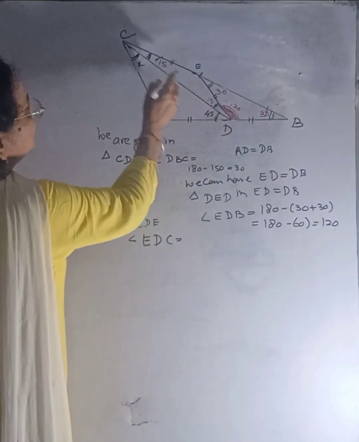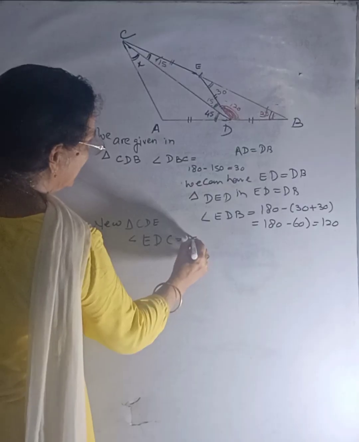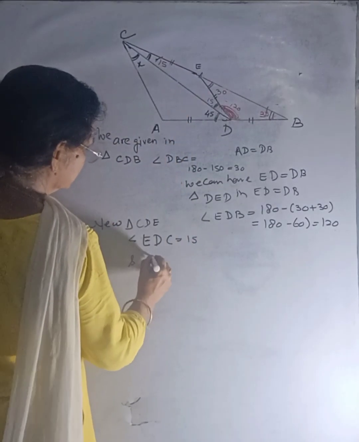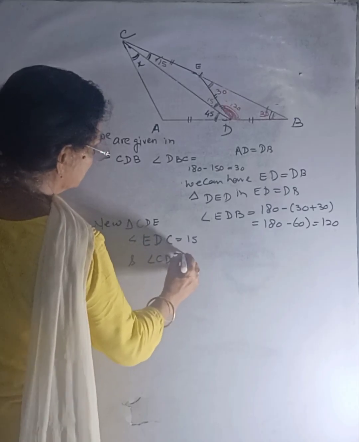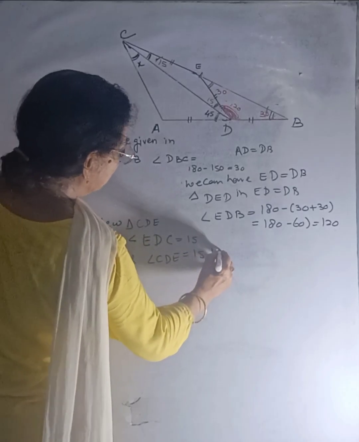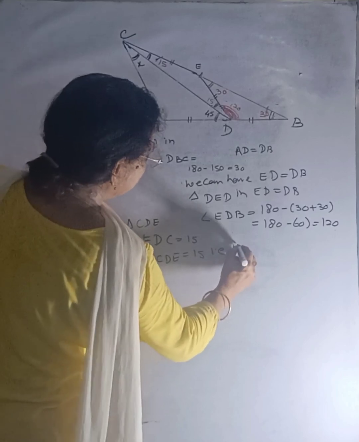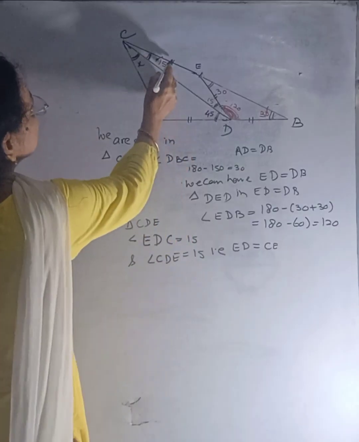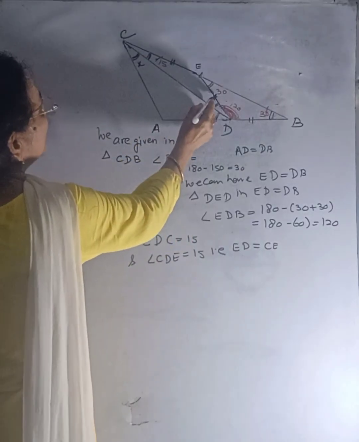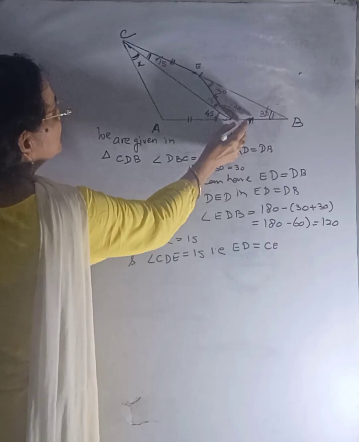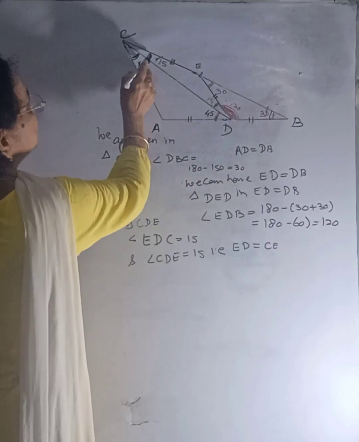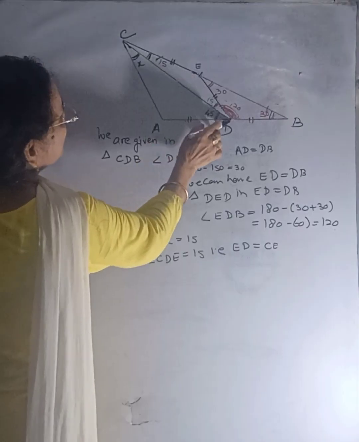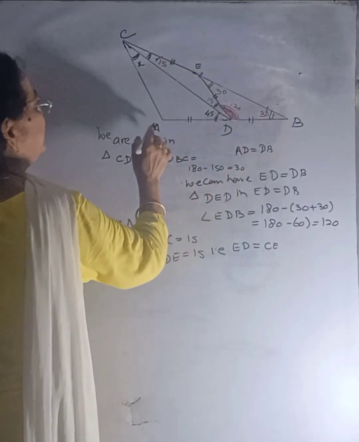Angle EDC is 15 and angle CDE is also 15. It means that ED is equal to CE. This is equal to this, and this is equal to this. It means these arms are equal. CE is equal to ED is equal to DB.